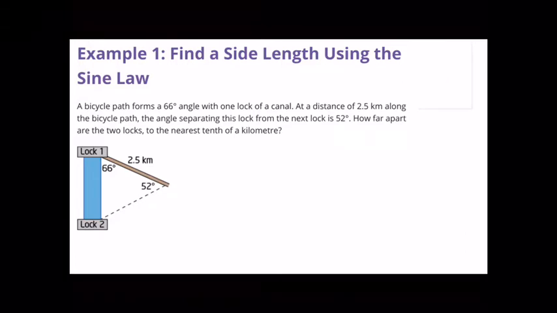All right. So example 1, we are finding the side lengths using the sine law. So this is a word problem. A lock, so this is a river or a canal. A canal is a man-made river where they've dug out and let the water go through it. And they control that by using locks. Locks are really cool.